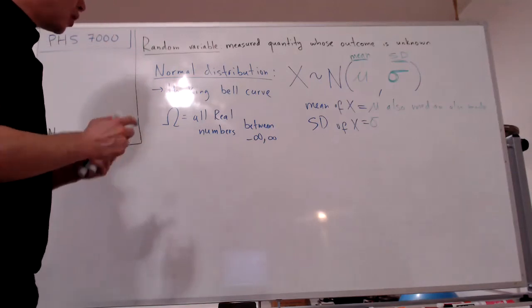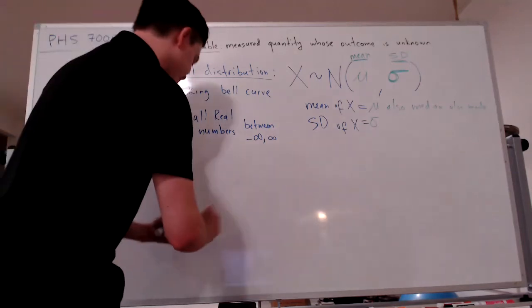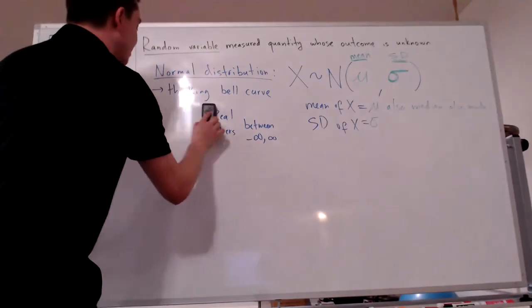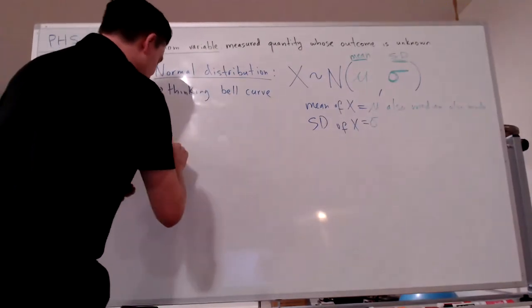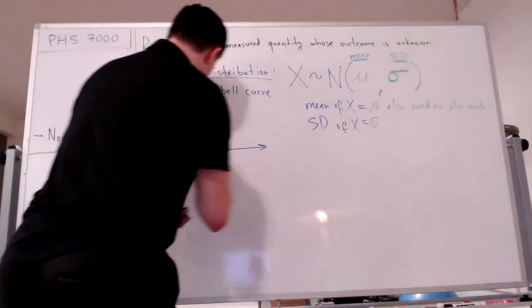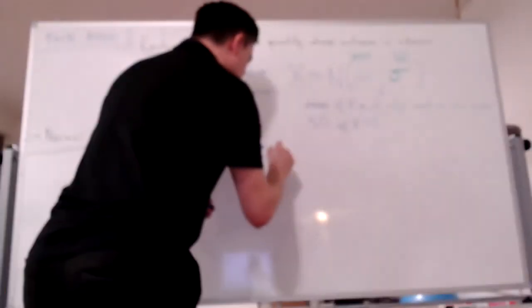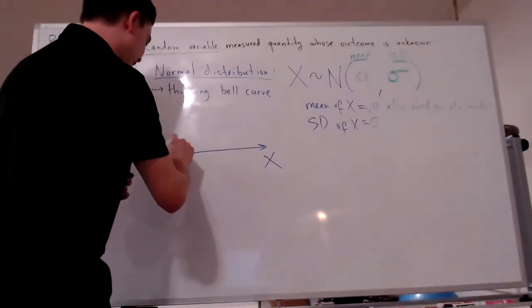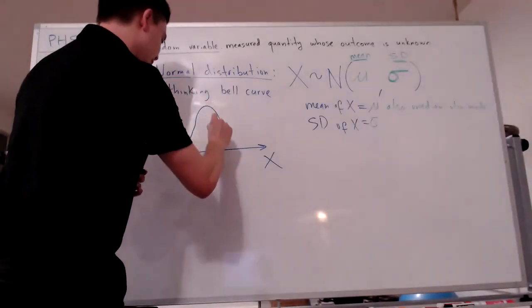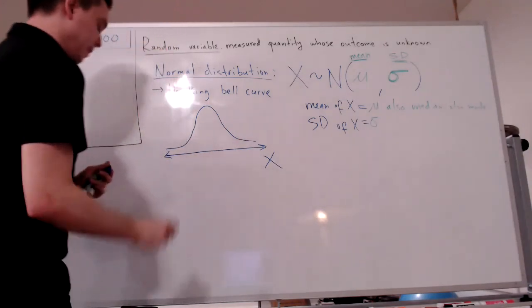All right, let's draw the normal distribution. Of course, I'm not going to draw a line between negative infinity and infinity. We're going to zoom in a little bit. Here is my generic variable x, and I have a bell curve.